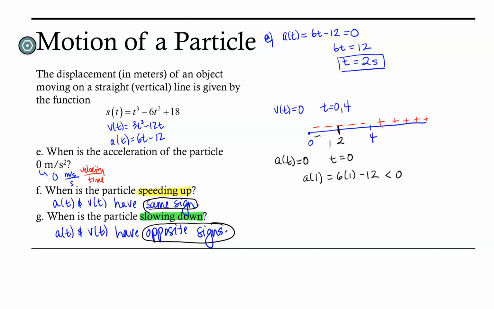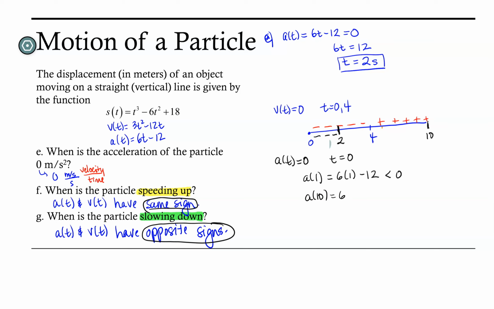So from 0 to 2, acceleration is downward. Then we need to test it for values greater than 2. So let's try 10. Acceleration at 10, so 10's way over here.